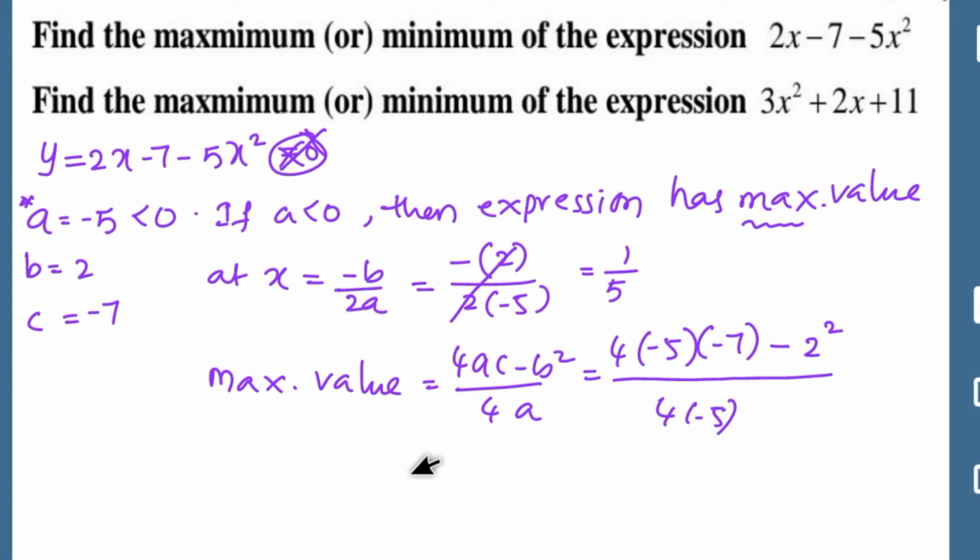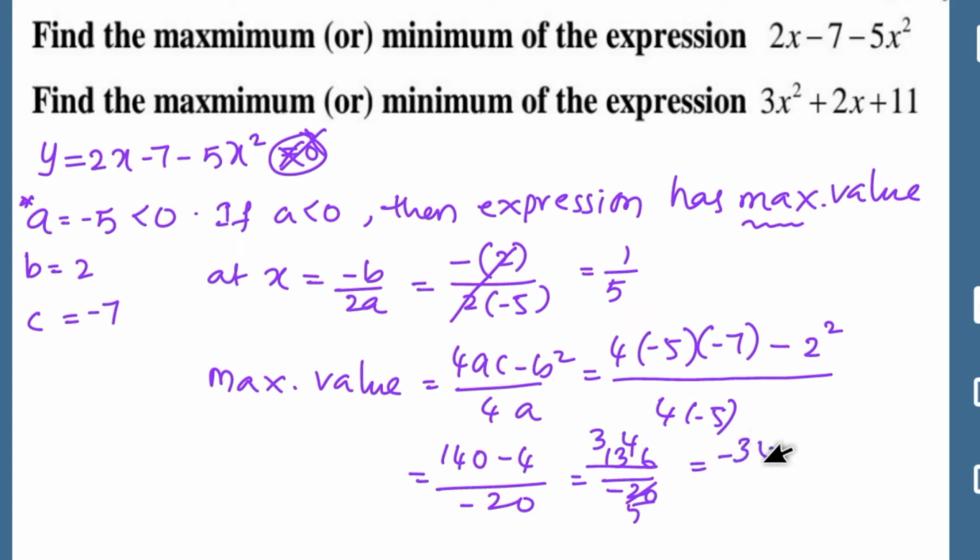Okay, simplify this. 4 into 5 is 20, 20 into 7 is 140, minus 4 by minus 20 equals 136 by minus 20, the answer is minus 34 by 5.